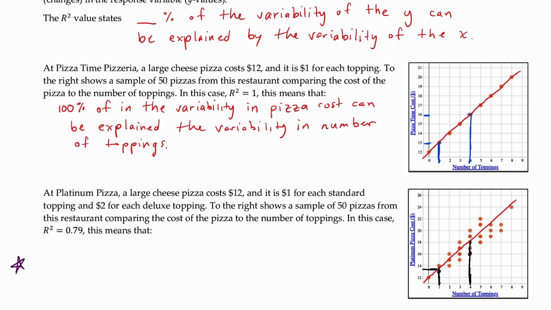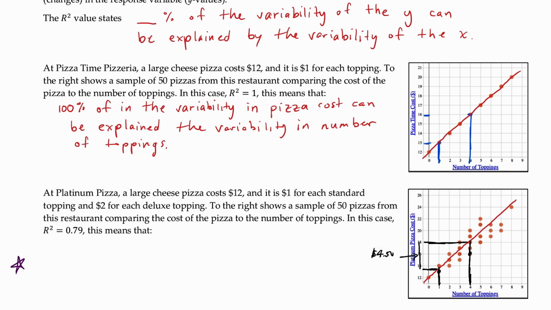And for your example here, 4 toppings, the model predicts that you should be paying $18. So the model predicts for us this difference here, about a $4.50 difference. So that's what the model says should be the difference.